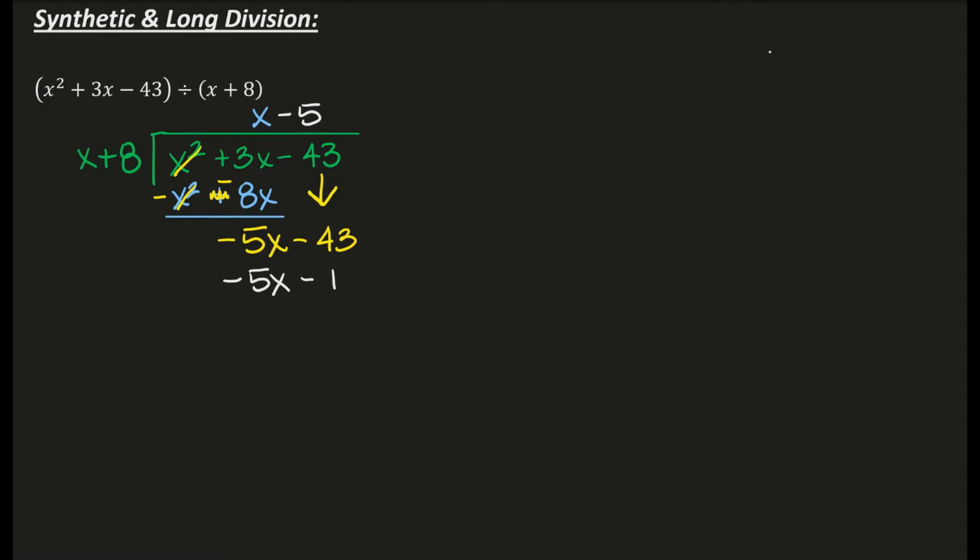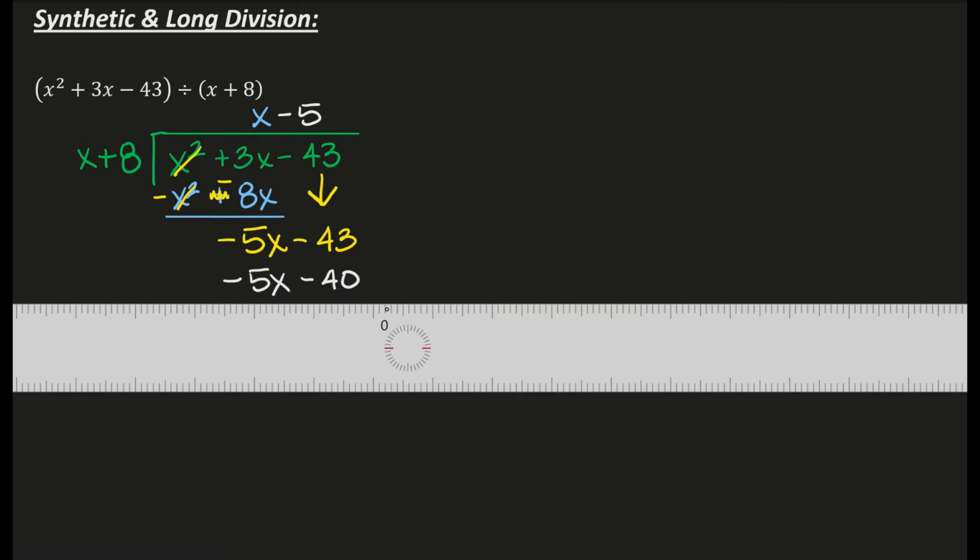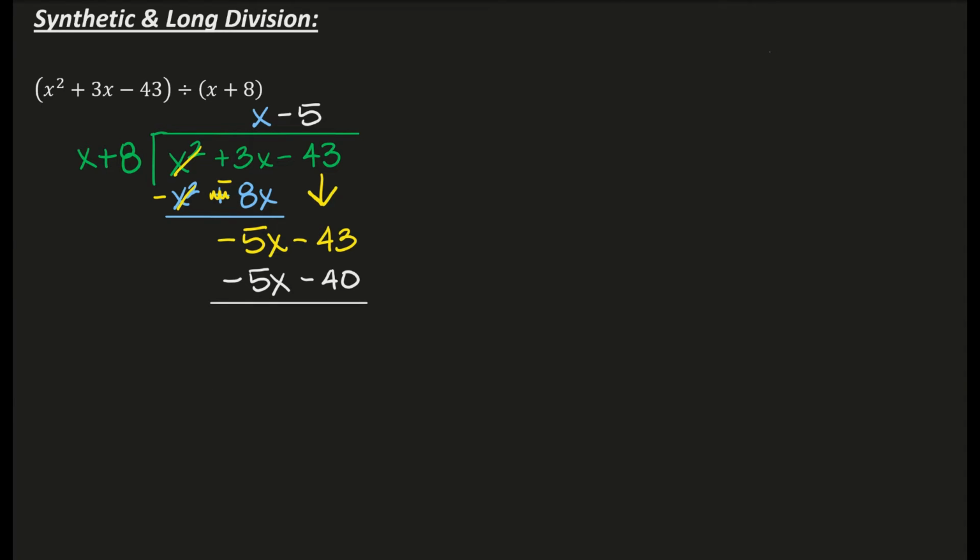That's negative 40. And now we will subtract this binomial. So here, I'm going to make this a positive, and this negative 40 a positive. So negative 5x plus 5x, these cancel. Negative 43 plus 40 gives me negative 3.